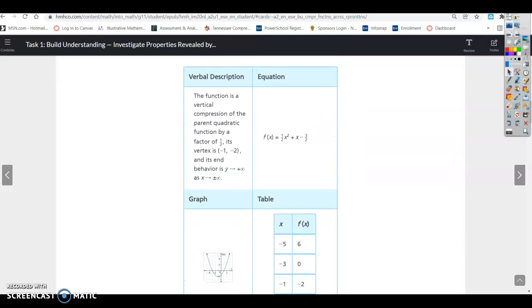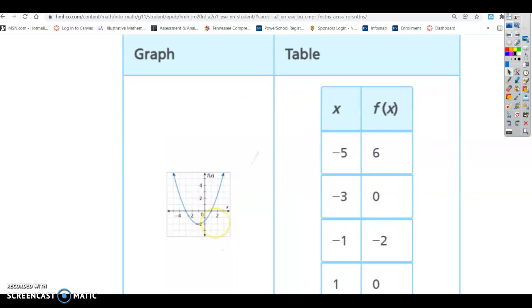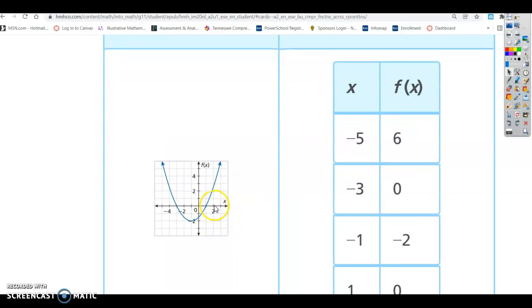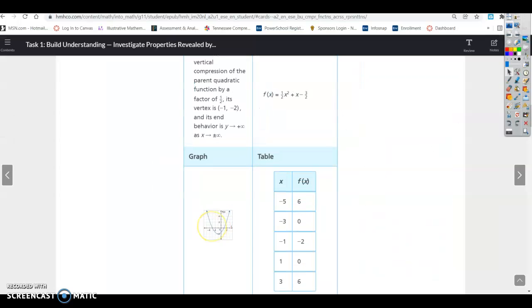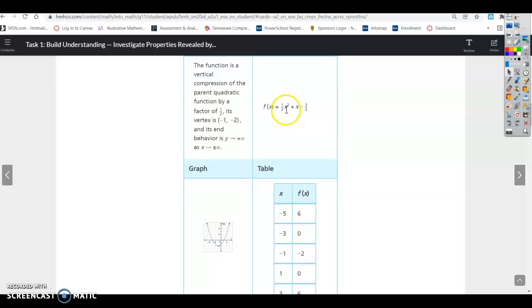Now the next value for x is 2. I don't see that in the verbal description or in the table, but I may be able to see it from the graph. When x is 2, it looks like maybe 2.5, but let's check it using the equation just to make sure. I'm going to do 2 squared. When x is 2, 2 squared is 4. Half of 4 is 2.